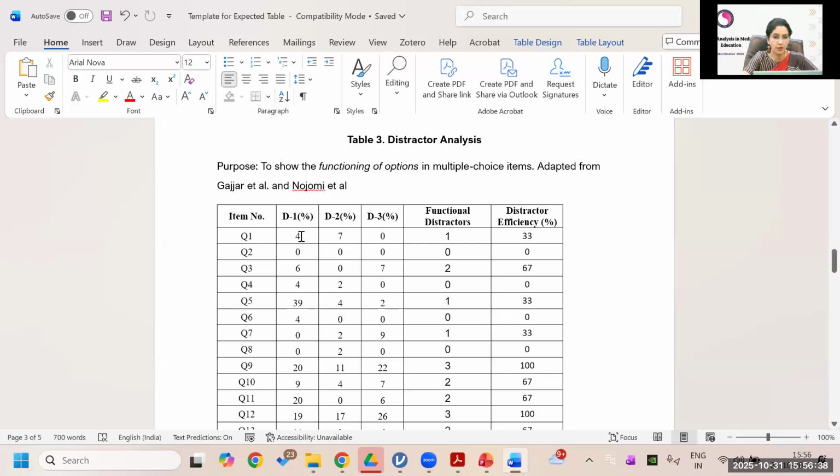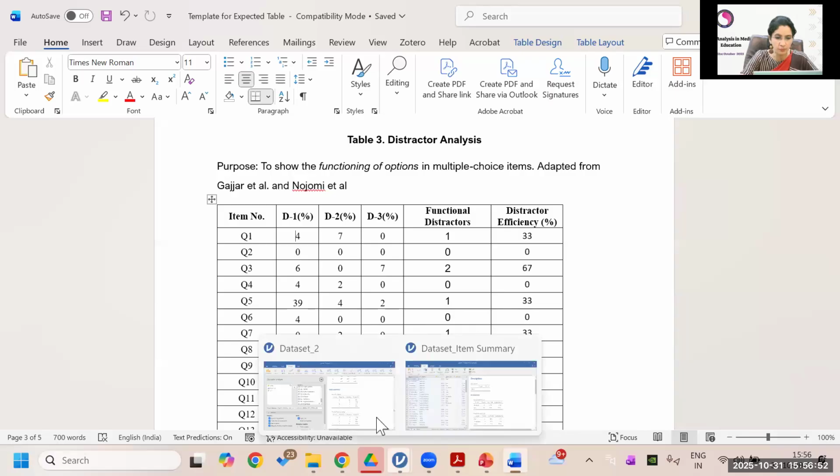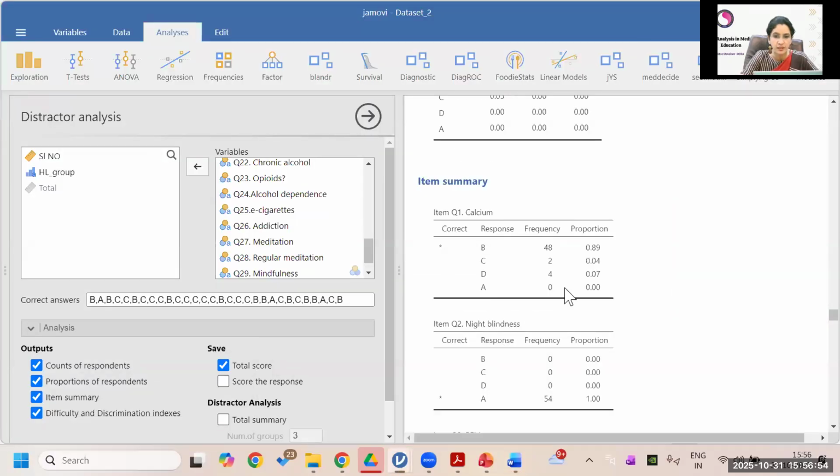See question number 1. We have not written A, B, C. We have written distractor 1, distractor 2, and distractor 3, and the percentage. You can see it is 4, 7, and 0%. This output, 4, 7, and 0, we have entered there.